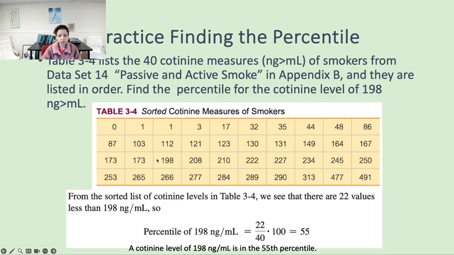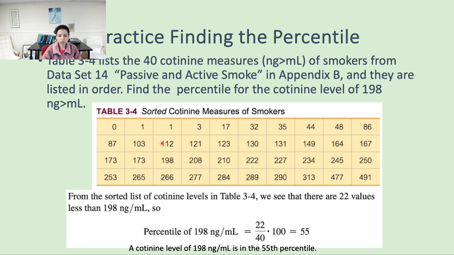So 198 is right here. The list is already sorted, and we see that there are 22 values less than 198.